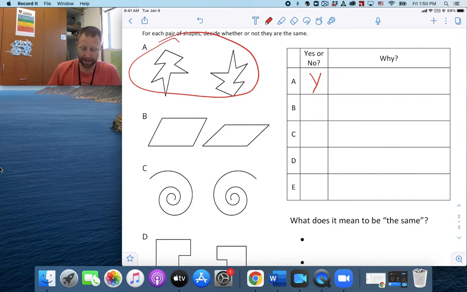So I'm saying yes. Why? Traced out on patty paper. They are the same.